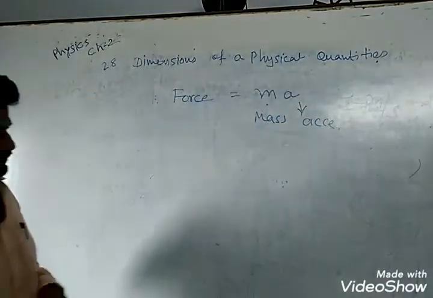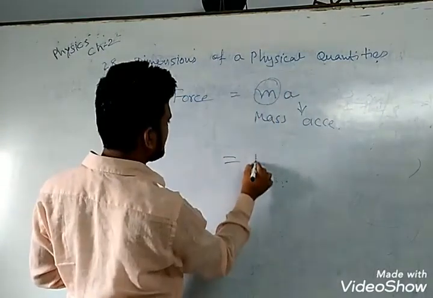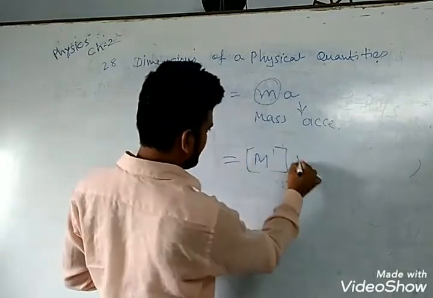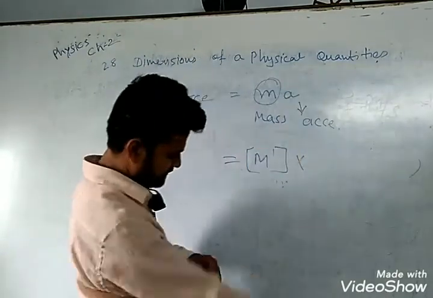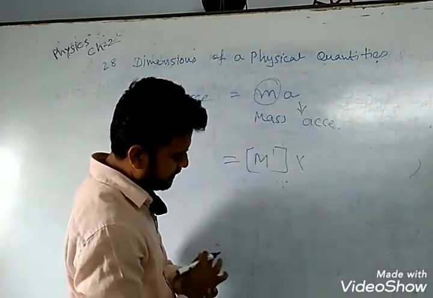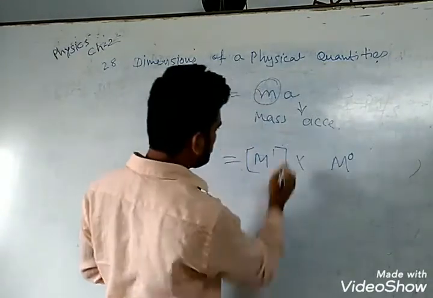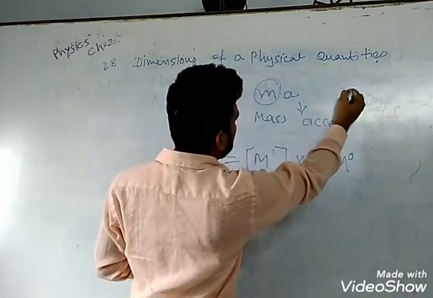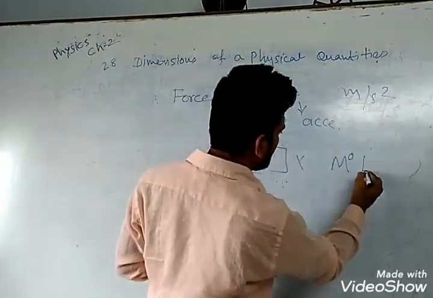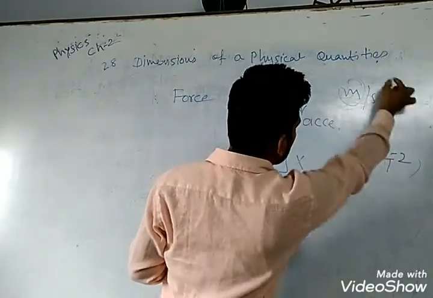So dimensional formula, mass is m1, and for acceleration we complete here, m0 L1 and T minus 2.